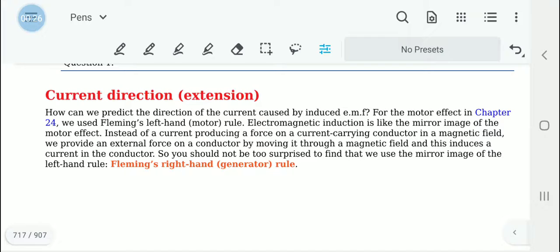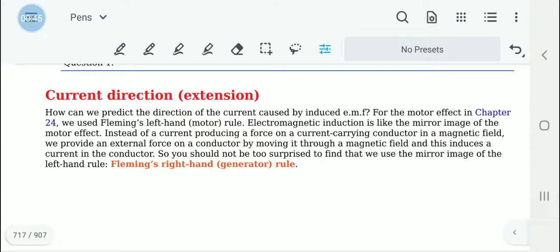So now electromagnetic induction is the opposite of that. That is the mirror image of the motor effect. So in the motor effect, what we had was current producing a force.